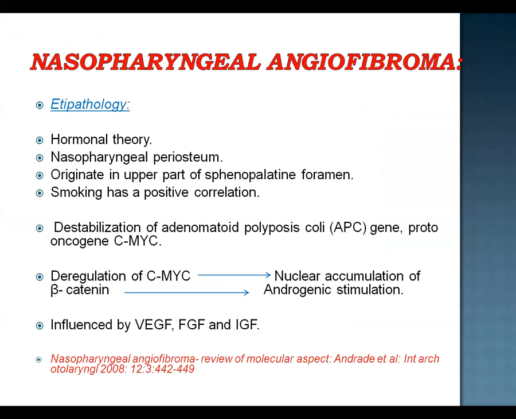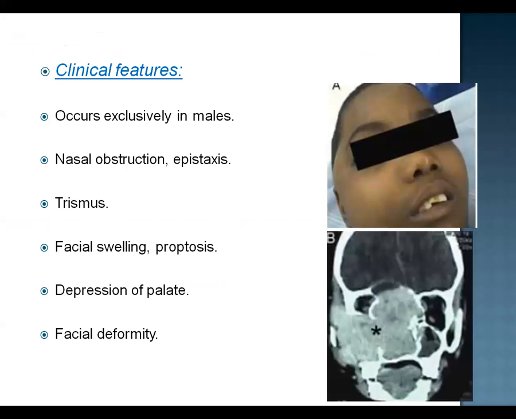Next important entity is the nasopharyngeal angiofibroma. Etiology: hormonal theory; it originates in the nasopharyngeal periosteum in the upper part of the sphenopalatine foramen. Smoking shows a positive correlation. Destabilization of adenomatous polyposis coli (APC) gene and proto-oncogenes. It occurs exclusively in males.